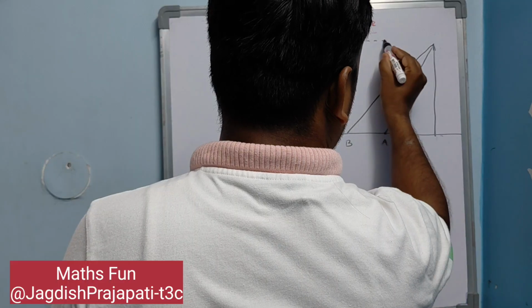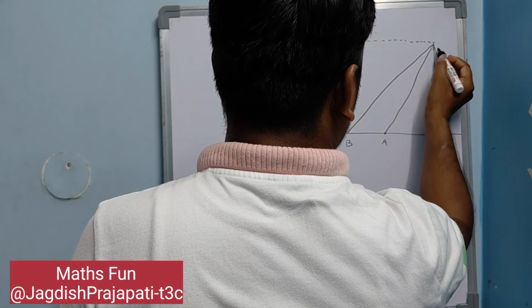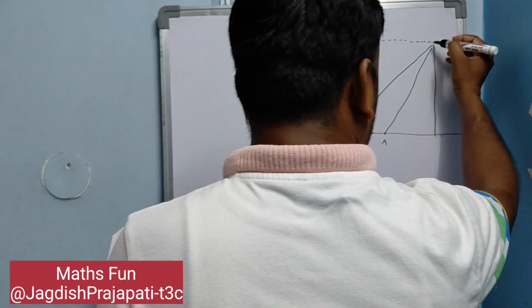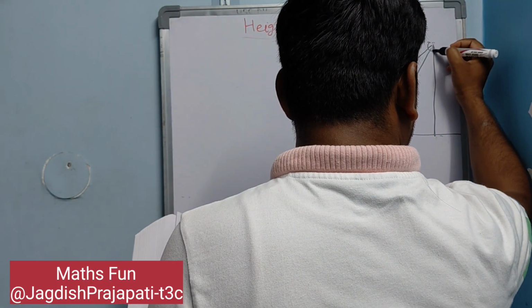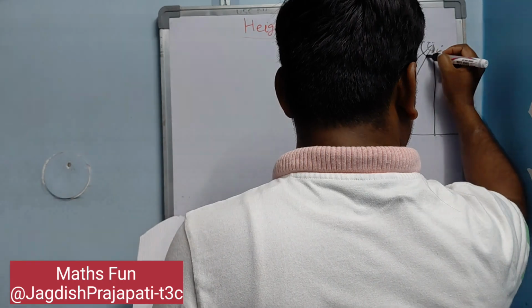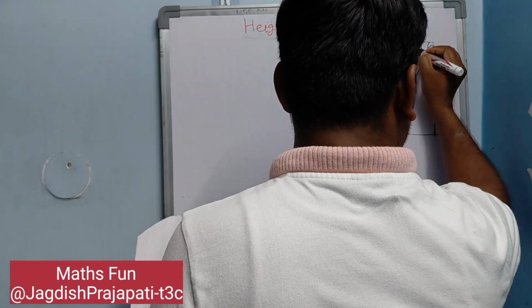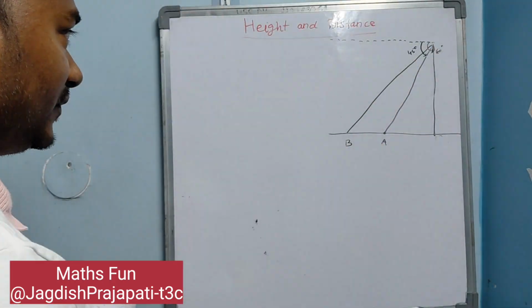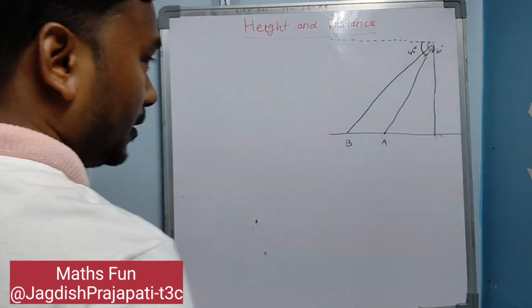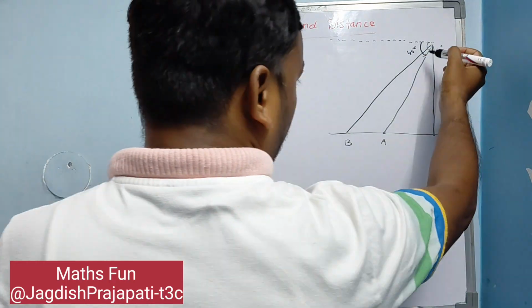So you have to draw a parallel line to the ground. So this complete angle is 60 degree and this angle is only 45 degree.